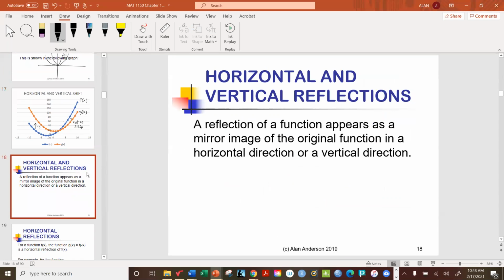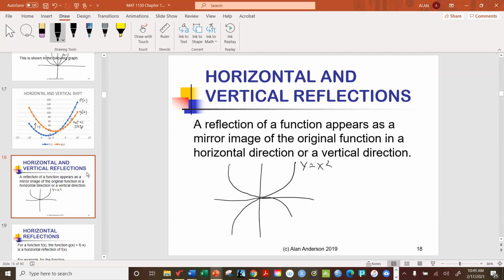Anyway, so reflections are different because with a reflection, there's 2 ways we can have a reflection: with respect to the vertical axis or the horizontal axis. Like this is a reflection with respect to the horizontal axis.